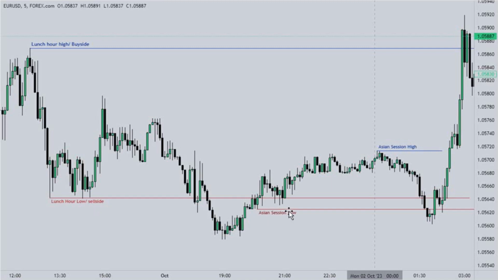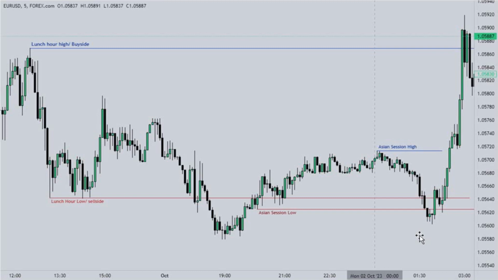So I know that after taking this Asian session low, price is going to go up to take the Asian session high. Even if it's going to go down on this day, which had a bearish bias, it still took that lunch hour high. You could see that then it went down, and went for the lower objectives.